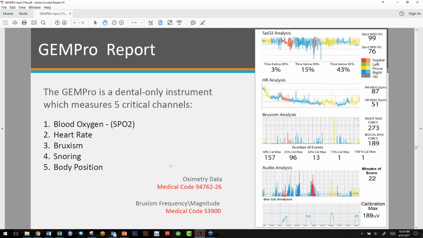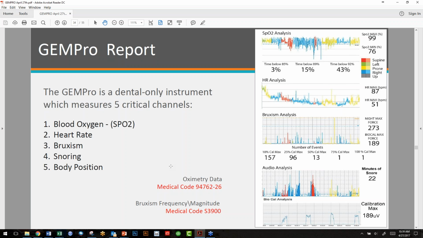Okay, so let's talk about the report. A couple of things about the report: the SaO2 graphs. These are what we would call candlestick graphs. Each one of those lines represents some amount of time, in seconds, and then we see the range of the SaO2 in that amount of time.